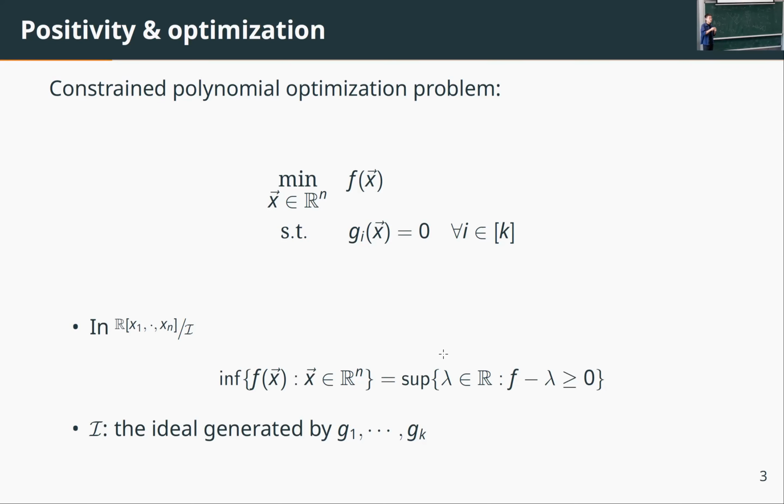This is the ring of the real polynomials quotiented by the ideal generated by all those constraints. So the minimal value of f with respect to those constraints is essentially the maximum value of lambda such that f minus lambda is a positive polynomial in this quotient ring.